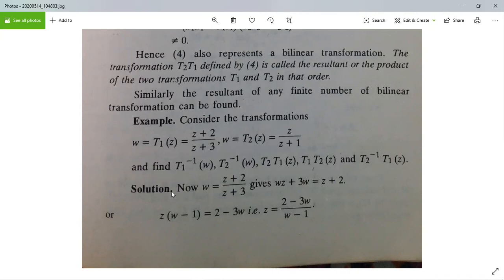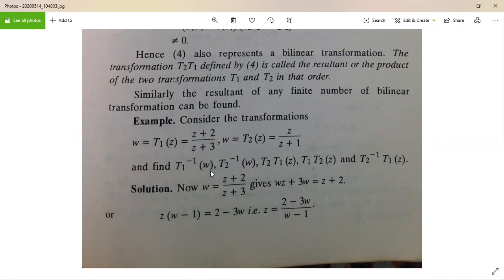Now, we know that omega equals (z plus 2) by (z plus 3), which gives omega z plus thrice omega equals z plus 2. Now, z into (omega minus 1) equals 2 minus thrice omega, that is z equals (2 minus thrice omega) by (omega minus 1).